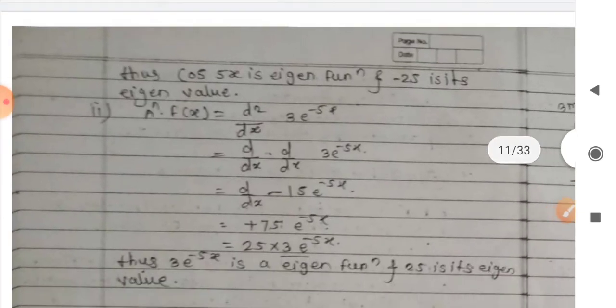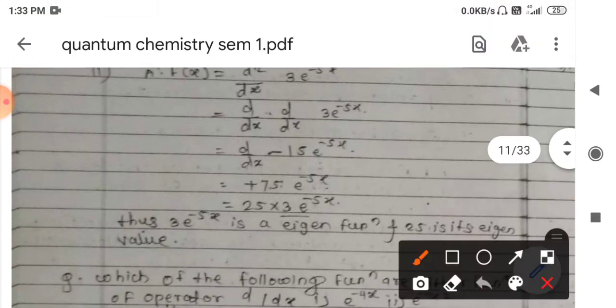Now consider the second example, 3 into e raised to minus 5x. The first order derivative will be minus 15 into e raised to minus 5x, and the second order derivative will be 75 into e raised to minus 5x.